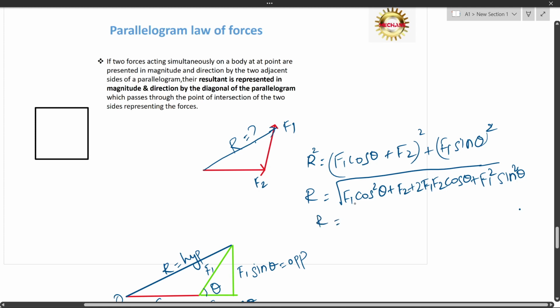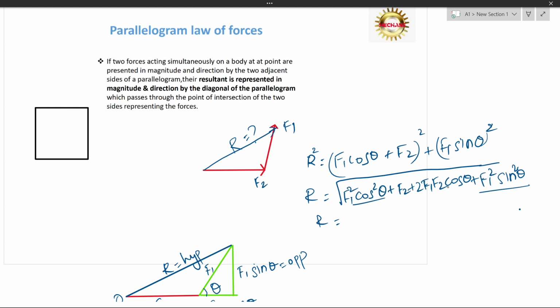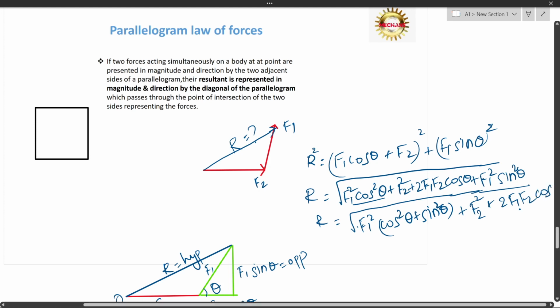Then these two terms have the common value F1 square. If we take that out, the inside would be cos square theta plus sin square theta, and we have the F2 square term, and another one, 2 F1 F2 cos theta.